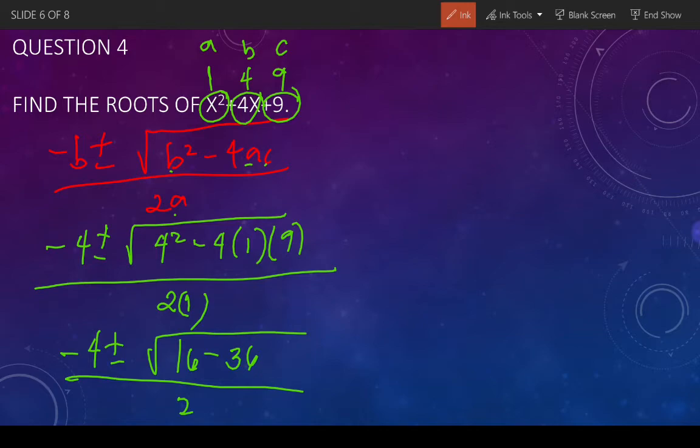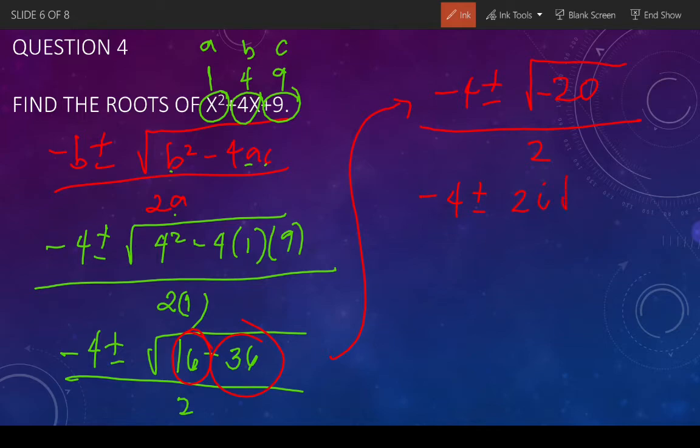And then let us simplify. So you have negative 4, positive negative square root of 16 minus 36 is negative 20 over 2. So we will have negative 4, positive negative square root of 20, which is also equivalent with 2i square root of 5, all over 2.